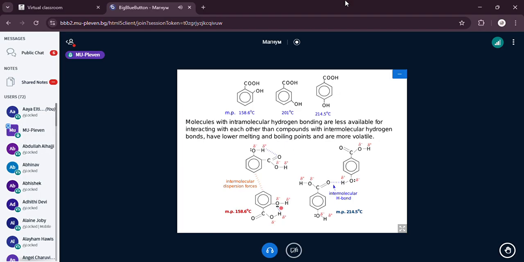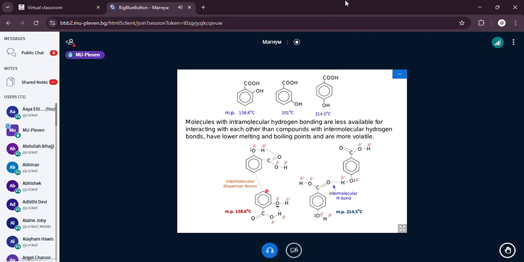Salicylic acid molecules, involved in intramolecular hydrogen bonds, can make only attractive forces which are determined as dispersion forces. So between salicylic acid molecules exist dispersion forces.